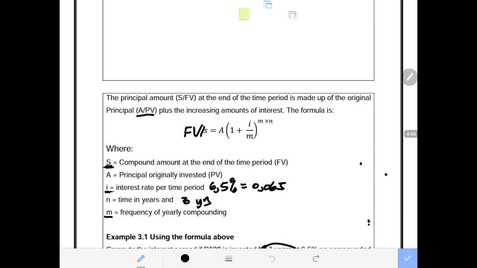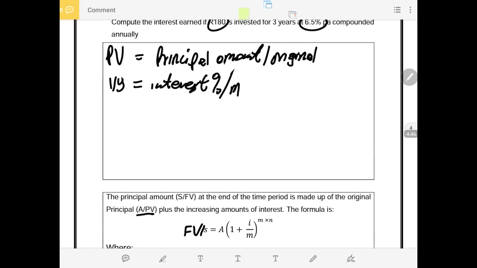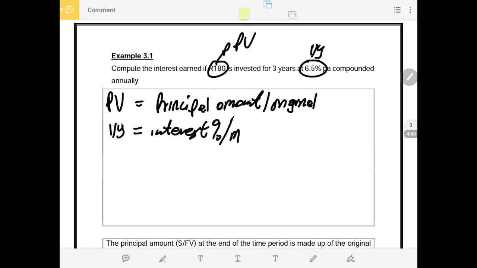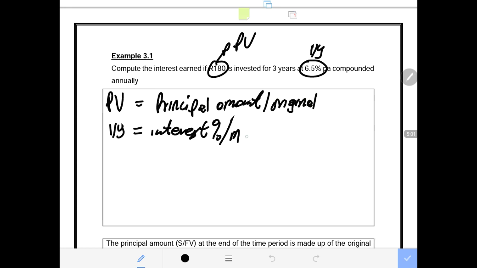We'll be doing that also when we use the functions of the calculator, meaning how many times is the interest compounded. If it's compounded every month, that means we will be compounding interest 12 times a year. So this will be divided by 12 in the case where we are compounding 12 times a year.